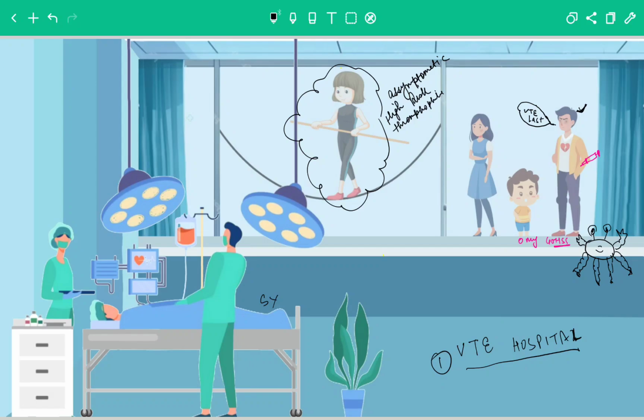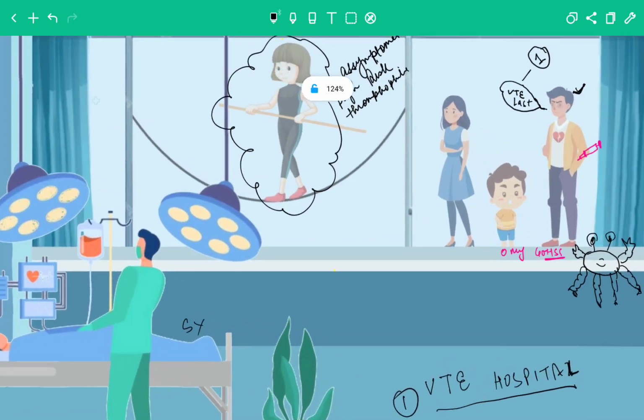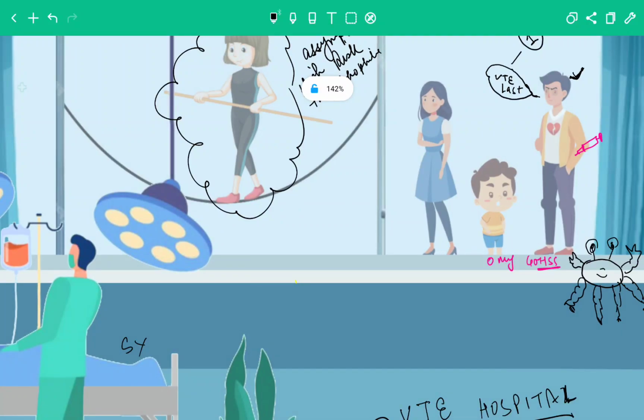Now she's inside the theatre, so he wants to tell the doctor that in the last surgery she had a VTE. So this man is telling us about another risk factor: a single event of venous thromboembolism following a major surgery.